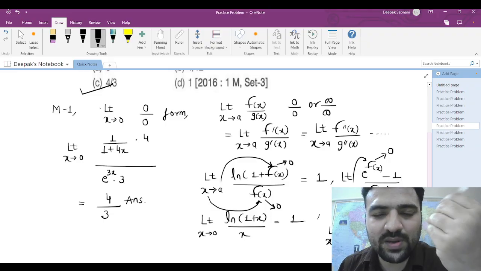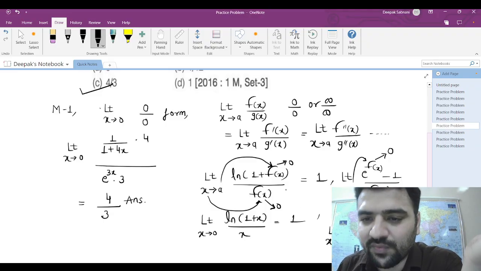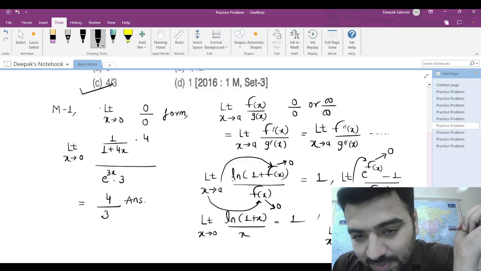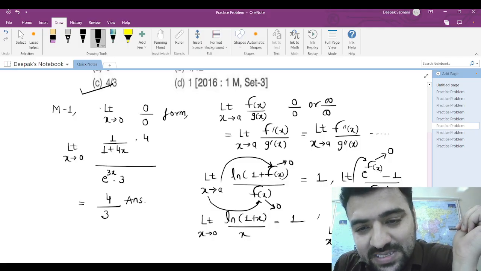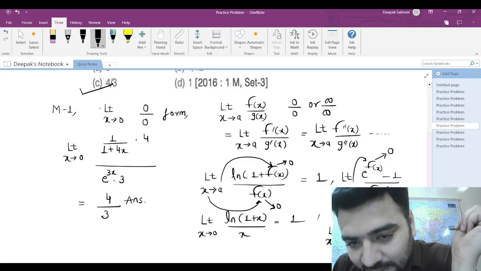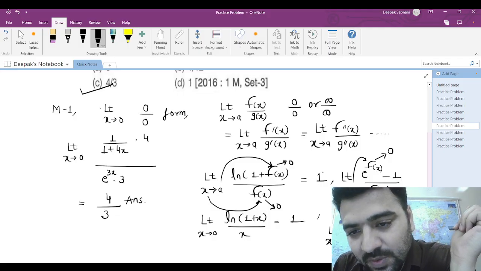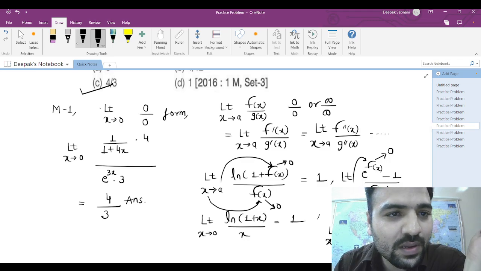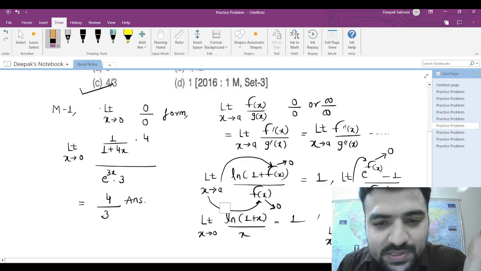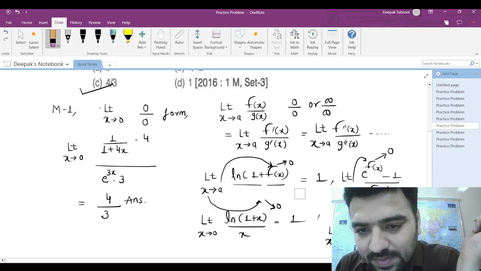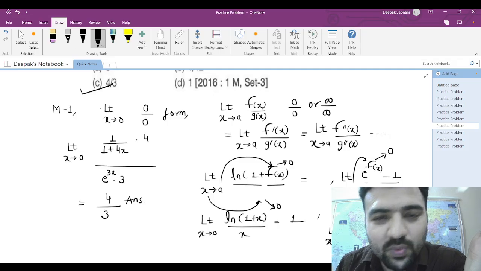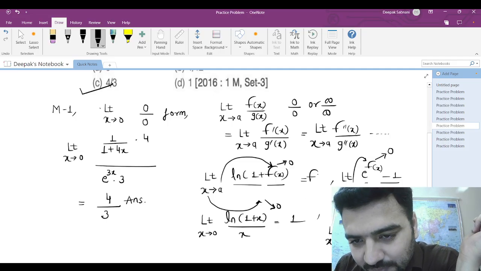Just for your notes I'm putting both the formulas. But what I actually do: limit ln of 1 plus f(x), when I see f(x) tends to 0, I keep f(x) here. You just rub this f(x) and put f(x) here.